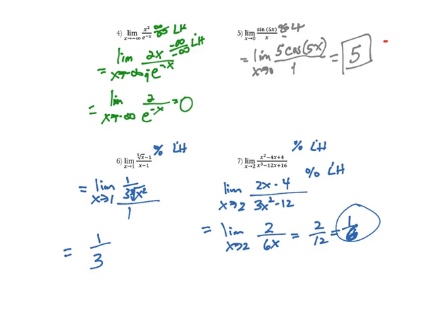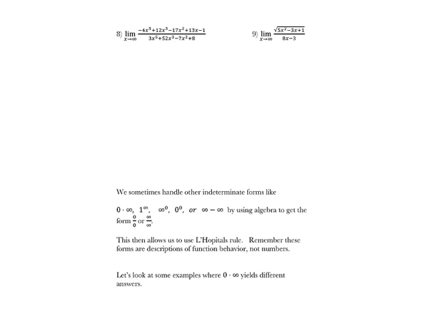Okay. Now, notice that these two limits here are as x approaches numbers. In number 8, though, notice that x approaches infinity as well as in number 9. When x approaches infinity, you're really looking for your horizontal asymptote.